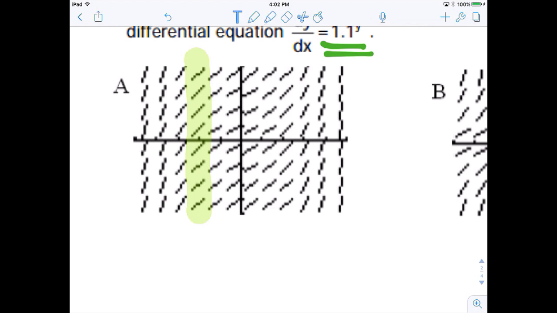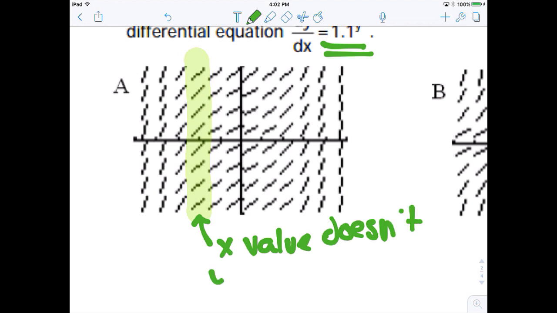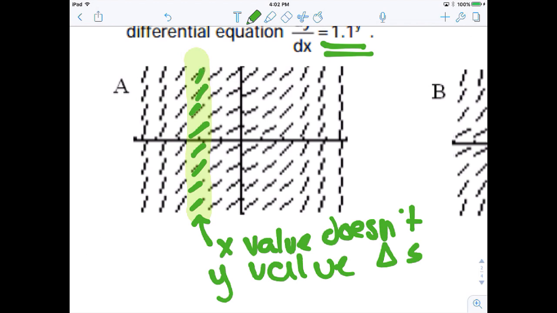So vertically along one row, if I look at that, notice that the x value doesn't change, but the y value does change. And so I can tell here what this is dependent on. At every single point along this vertical line, our slope is the same, which tells me that the y value does not matter, okay?